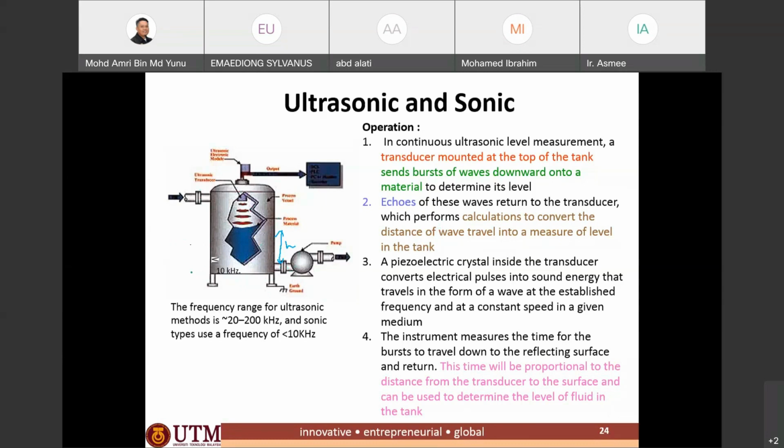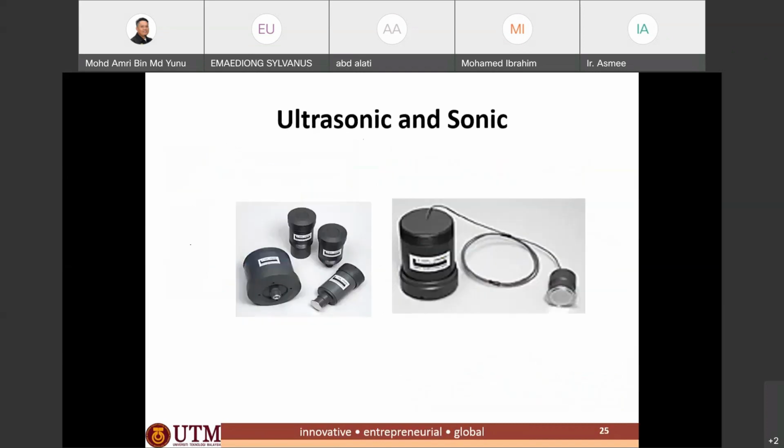So it is a similar concept to the radar time of flight, which I have explained.